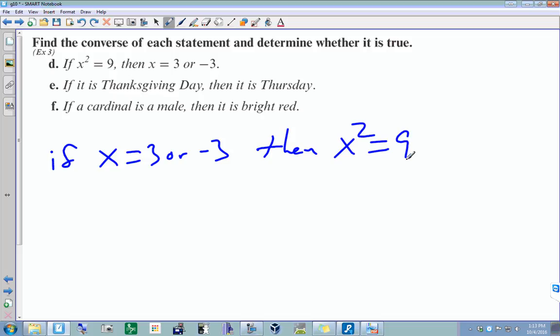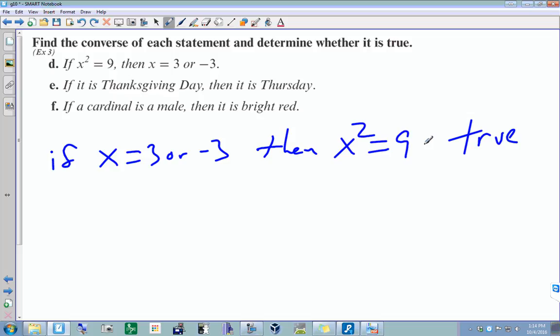You're right. Is that true or false? Which one do you want? You want true or false? True. Good. So, if I have either one of these two, then x squared is going to be equal to 9. This is correct.